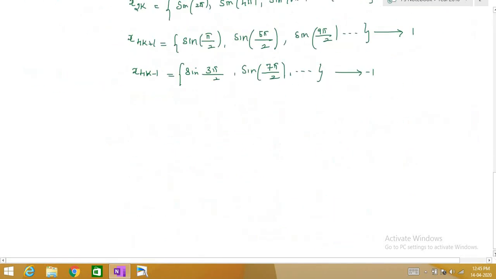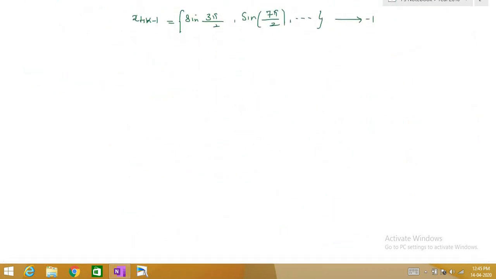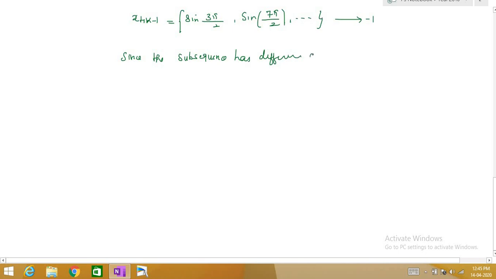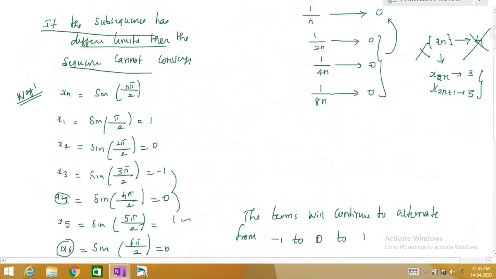Since the subsequences have different limits, the sequence cannot converge.